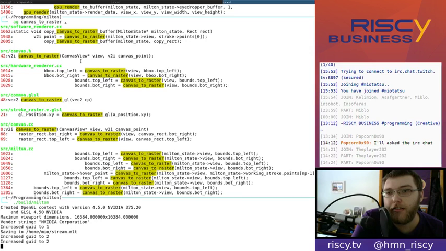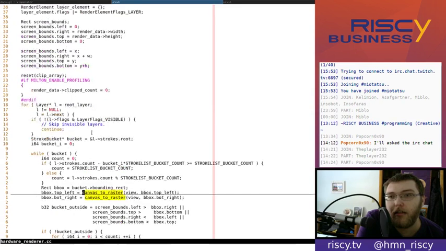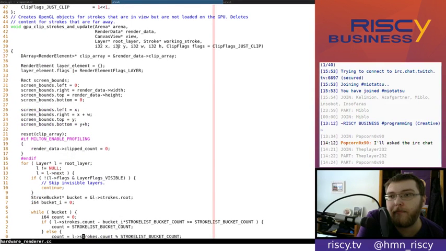So where was canvas defined? Canvas.cc. And also I want to see specifically what view is. So we're passing the canvas view in.